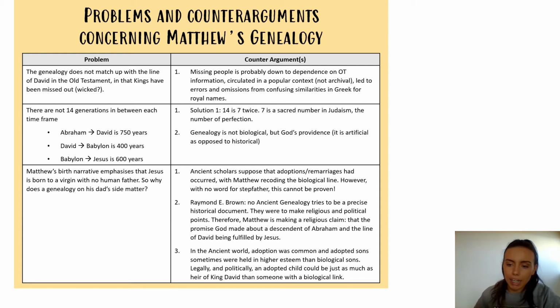And what you might get as a result of this process of getting information is errors and omissions. So there is just perhaps a chance it wasn't done deliberately. It might have been a reflection of the material Matthew had access to when writing this.